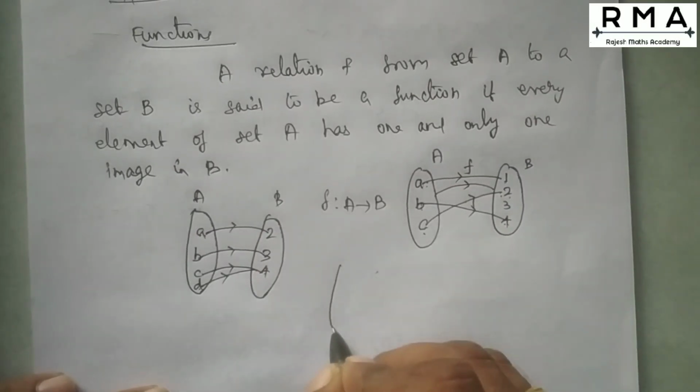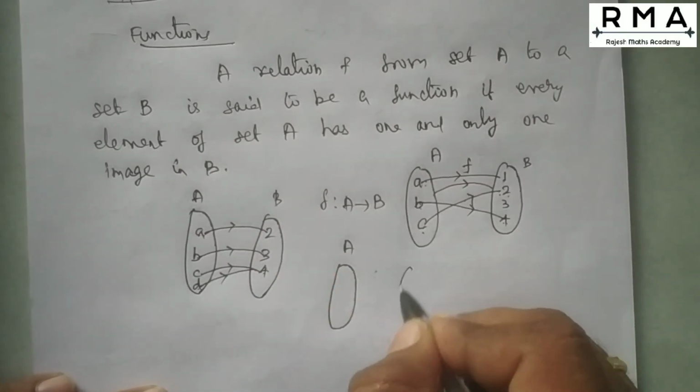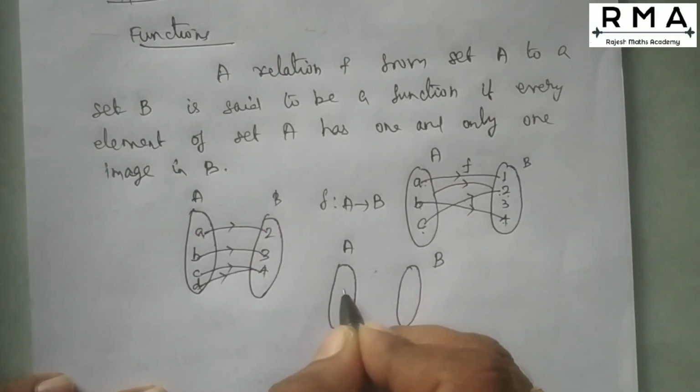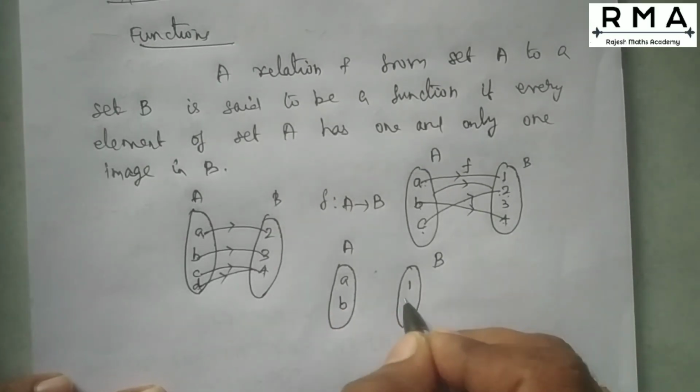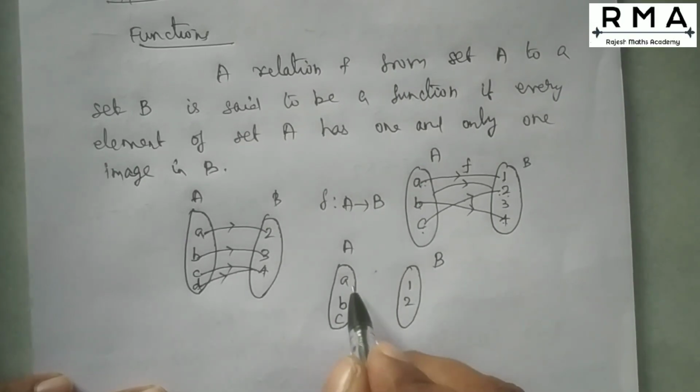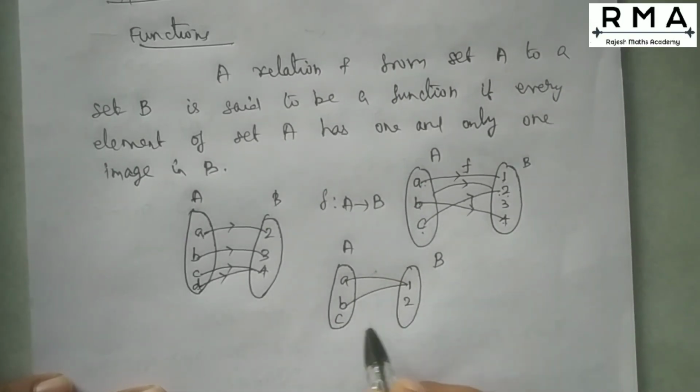Same set A and set B I am taking. Here elements 1, 2 and a, b, c. a is mapped with 1, b is mapped with 1, and c is mapped with 2. One more element e I can take.